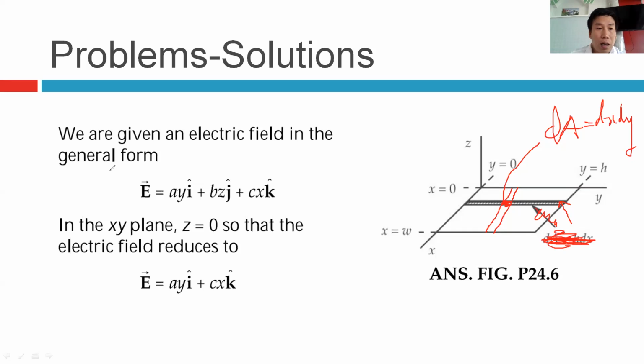And we have to determine the electric field through the surface on the XY plane. It means Z equals 0, so we don't need this factor, right? So the electric field is also calculated using this formula.